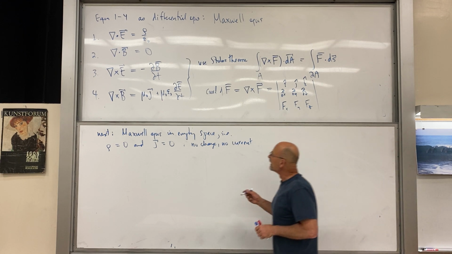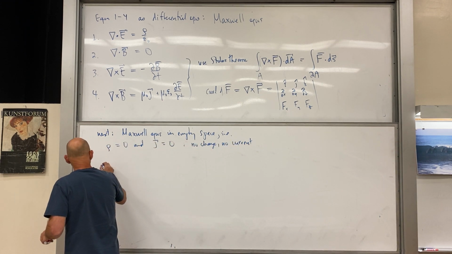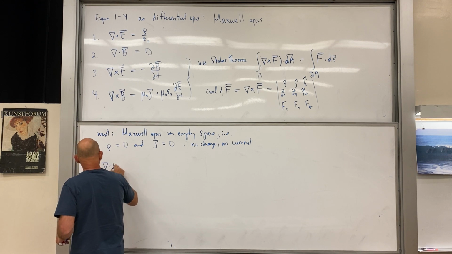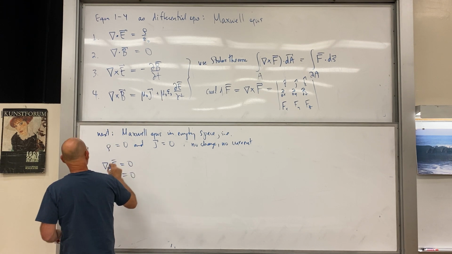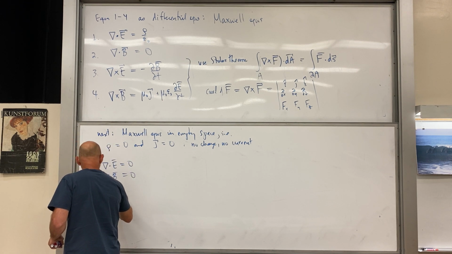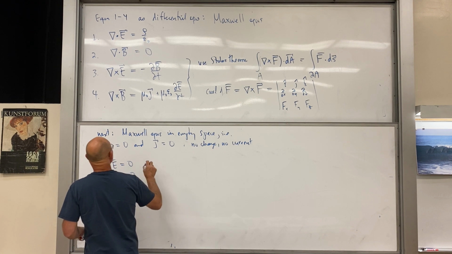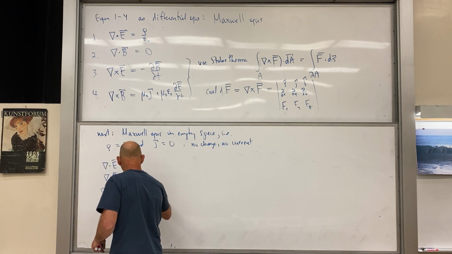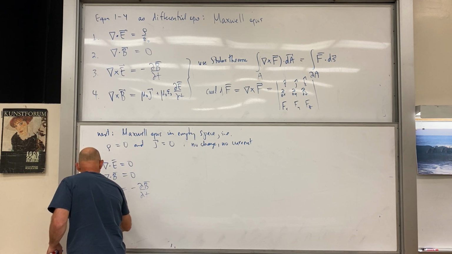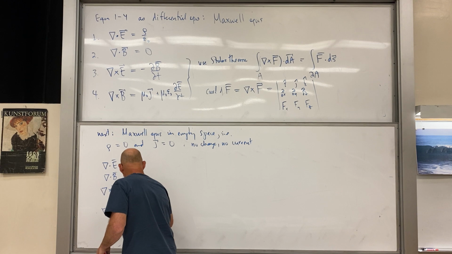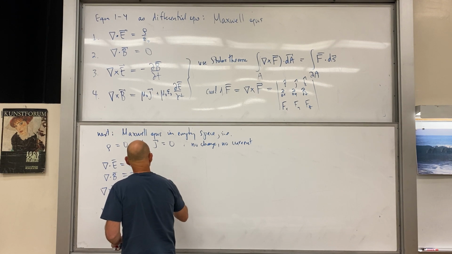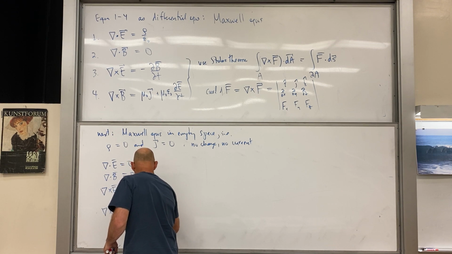But these simplify then, so now we have divergence of E equals 0, divergence of B equals 0, curl of E is equal to minus dB dt, and curl of B is equal to mu naught epsilon naught dE dt.